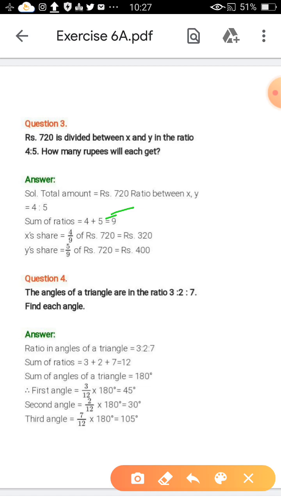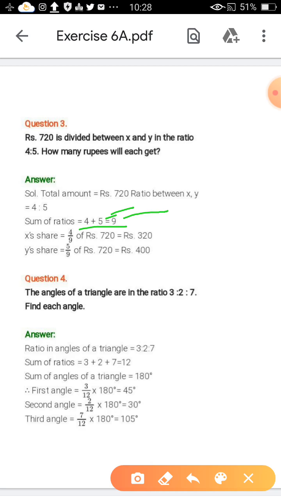Then we have to take the sum of the ratio. Sum of the ratio will be 4 plus 5 is equal to 9. Okay. Then x's share. x is first. So what is the first share? 4. So 4 upon 9. From where have I taken this 9? That is the total. Total is 9.